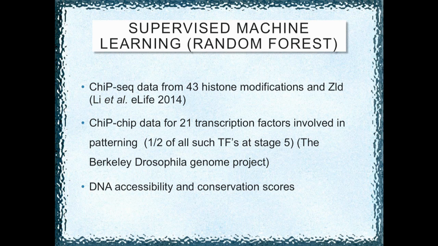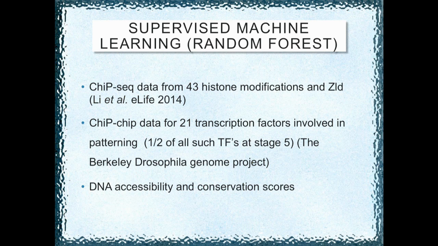Our variables were 43 ChIP-seq datasets for histone modifications by the Eisen group, who also did the Zelda transcription factor. We had ChIP-chip data for 21 transcription factors involved in patterning, which is half of all transcription factors involved in patterning at stage 5, which was really quite a lot for us. That was thanks to the Berkeley Drosophila Genome Project.